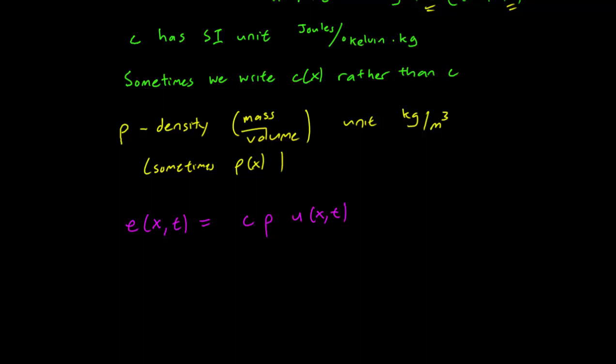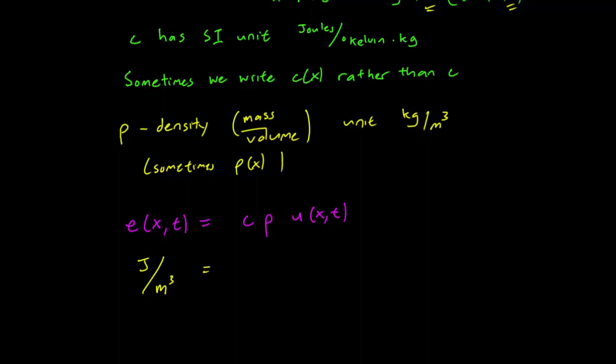Rather than memorizing this formula, I would suggest just paying attention to what the units are. For instance, the SI unit for energy density, if you may recall, is joules per cubic meter.